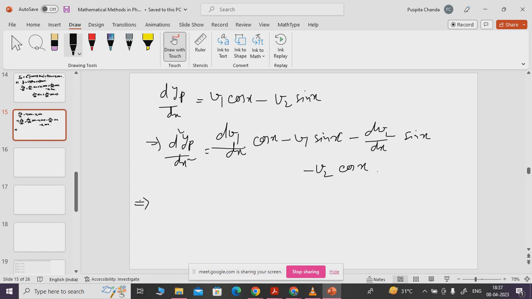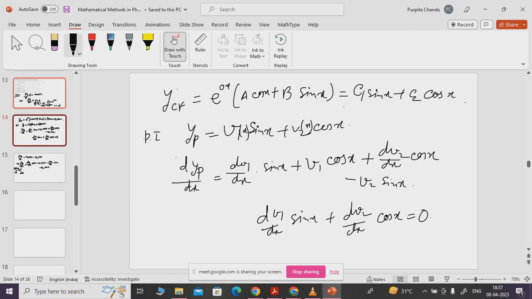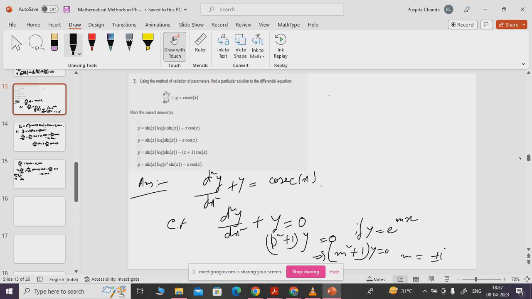Putting these things in the equation, let us give the name of the equation.